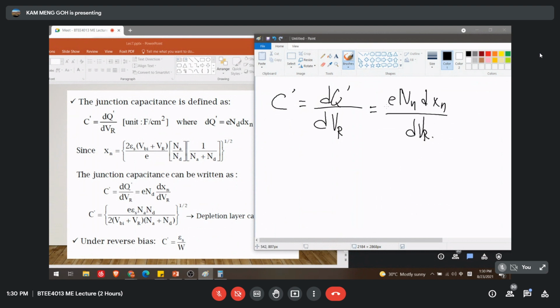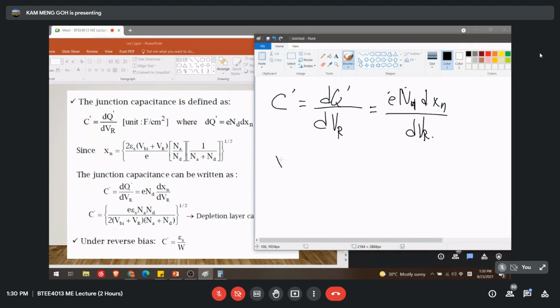dQ will be equal to q, times the donor concentration, times the distance Sn. But how are we going to utilize this? q is a constant and N_D is a constant. We need to derive dSn over dVR.